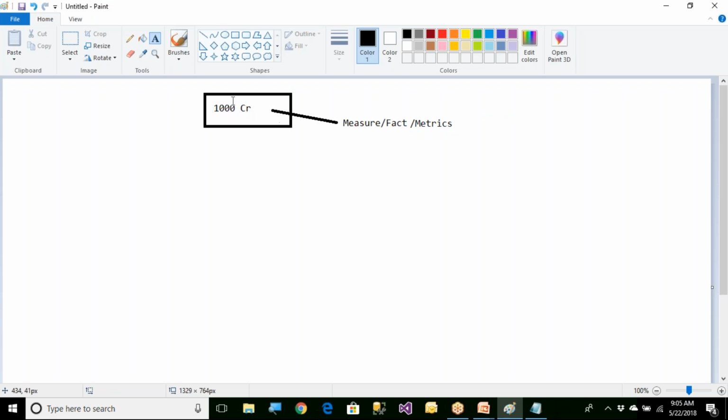People will say metrics also. So by seeing the 1,000 crore, you should be able to measure the company. This is also called a fact: the fact that we got 1,000 crore profit. Or they may say, sorry to say, that I got 1,000 crore loss.